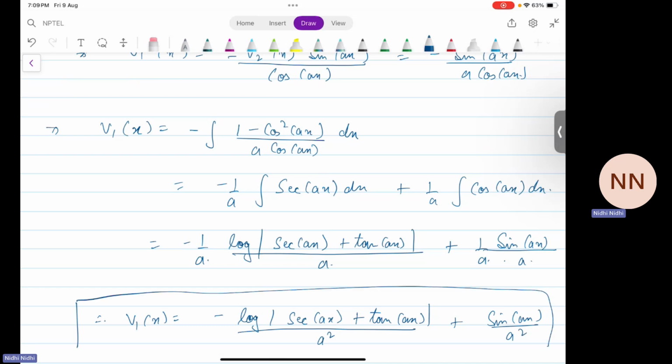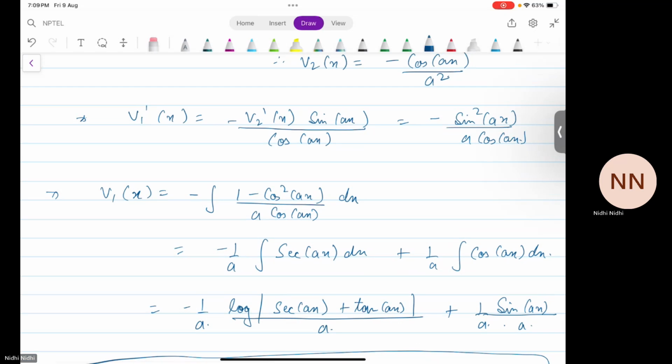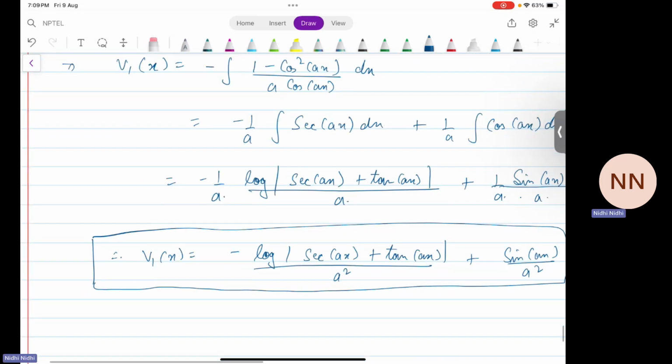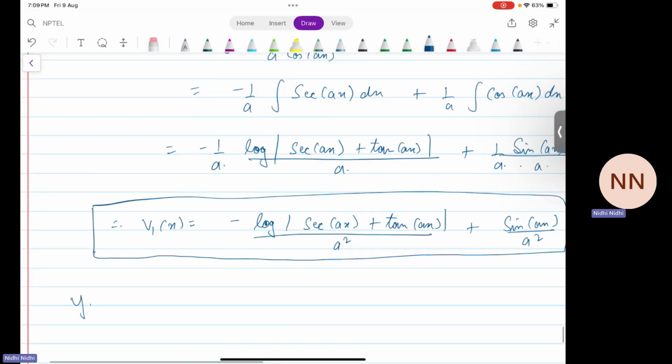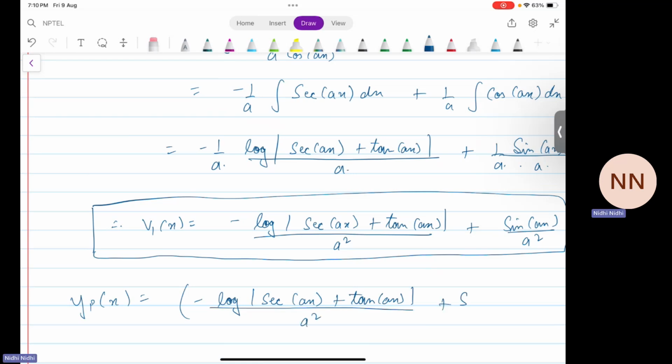Now putting the values of v1(x) and v2(x), we get yp(x) is equal to minus log(sec ax plus tan ax) by a square plus sin ax by a square, times y1(x).